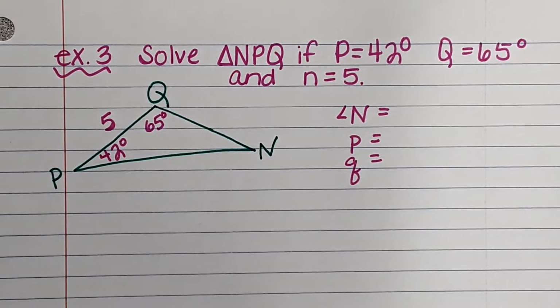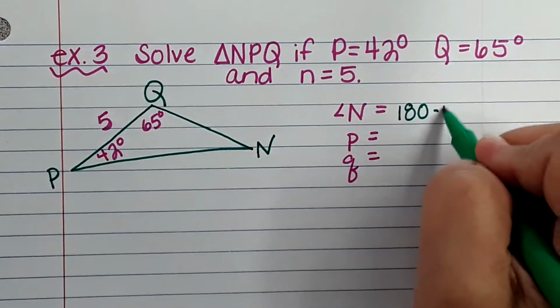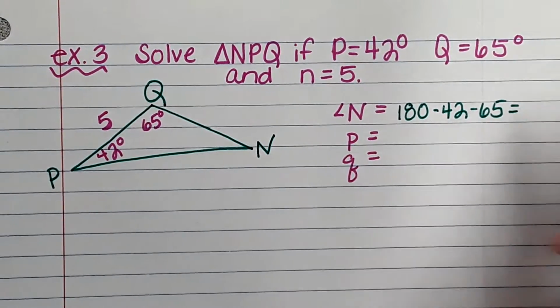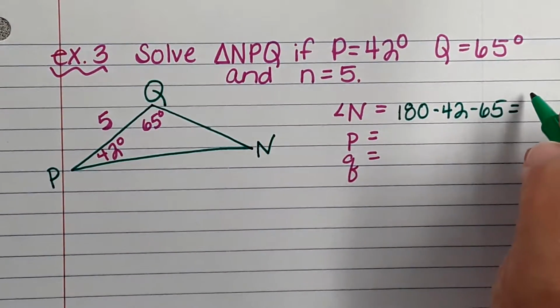Which one can we find right off the bat? Angle N. And how do we find angle N? Adding the two together and subtracting from 180. So 180 minus 42 minus 65. And what did we get? 73.